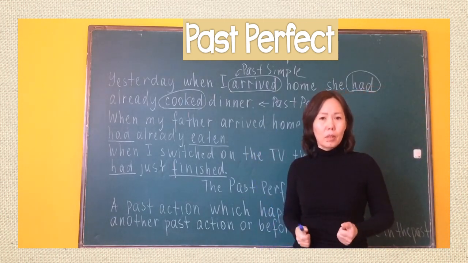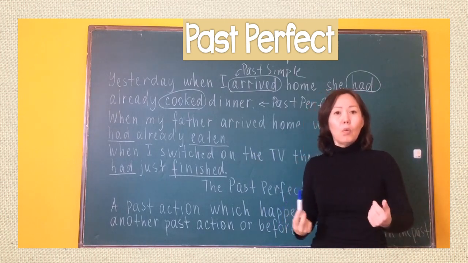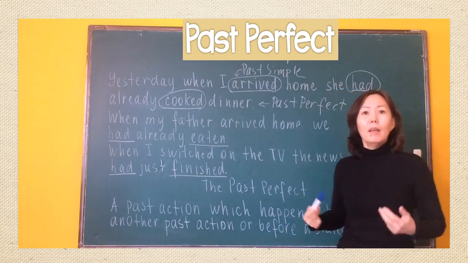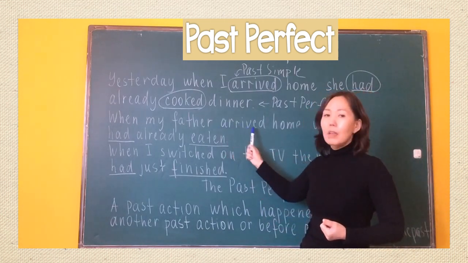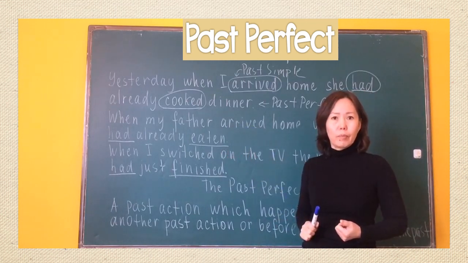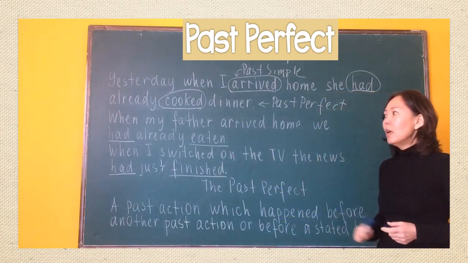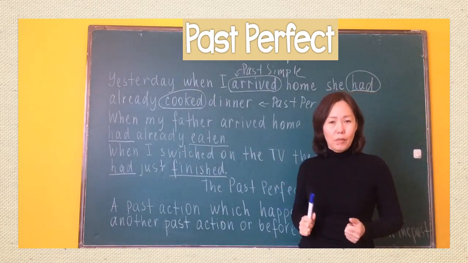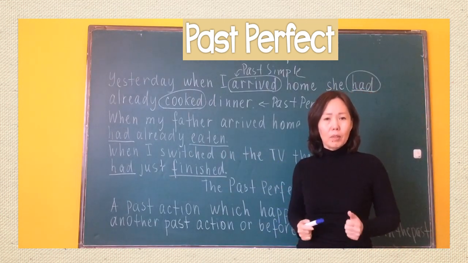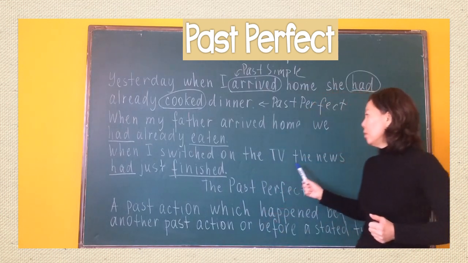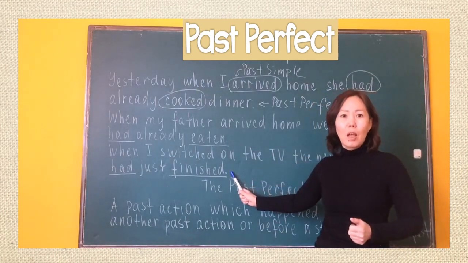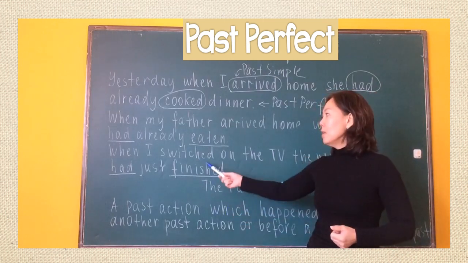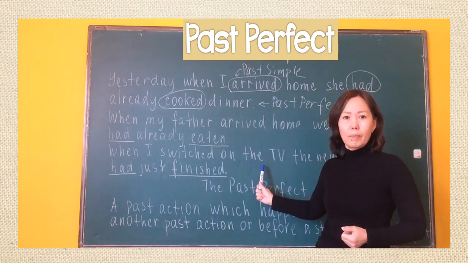What happened earlier? Yes, we had already eaten, and later my father arrived home. And the next example, when I switched on the TV, the news had just finished. What happened first? The news had finished, and then I switched on the TV.